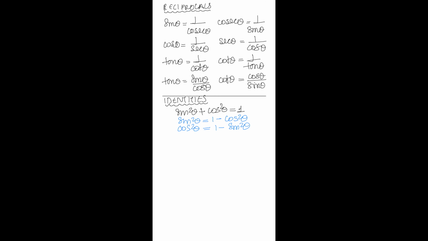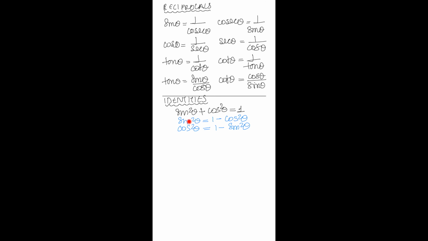So what is the use of these derived forms? I tell you, suppose you're solving a sum and you come up to a situation where you have sine square theta in the picture, and then you realize sine square theta has come, but I do not require sine square theta. I require cos square theta in the place of it. So what would you do?